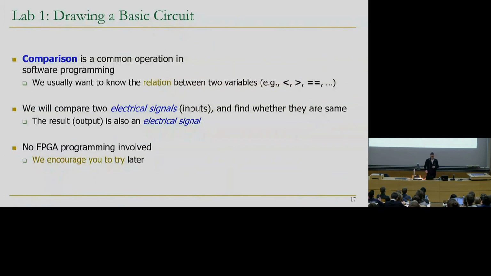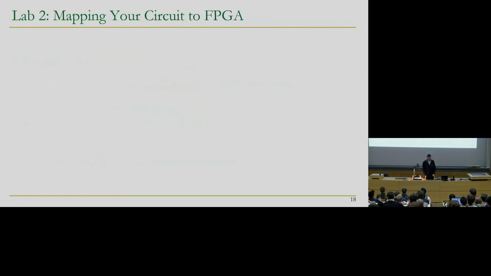What we'll be doing here is implementing a comparator. We'll be given 2 values, and you'll be designing a circuit that will tell whether those 2 values are equal or whether one is bigger than the other. That will be the goal of this one.